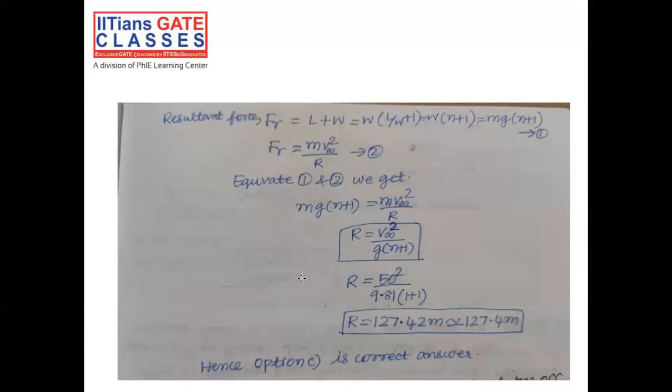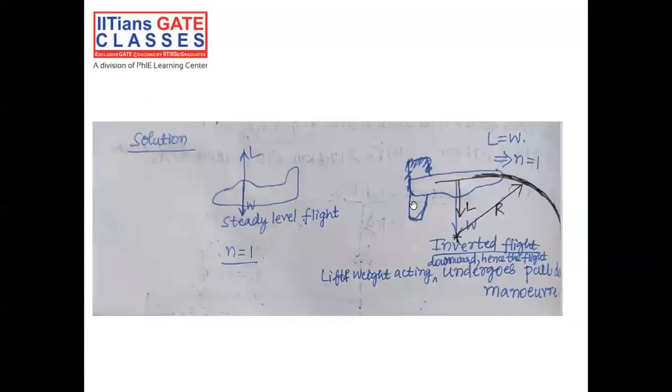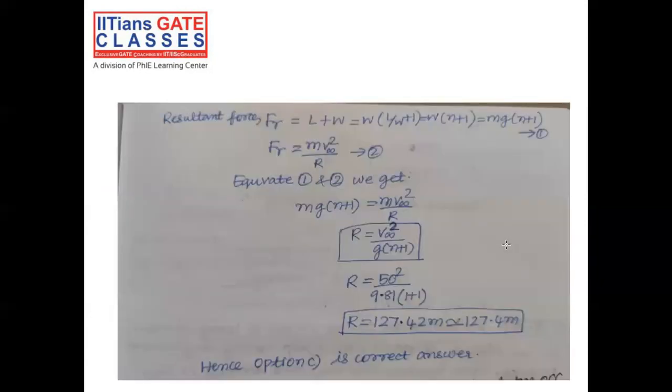We'll see. The aircraft has suddenly taken an inverted turn of 180 degree, so the resultant force is acting downward, thereby it is taking a downward circular path. That is, it is undergoing a pull down maneuver.